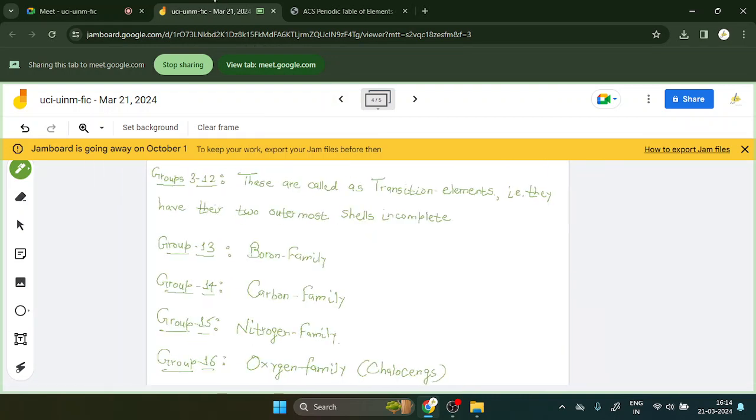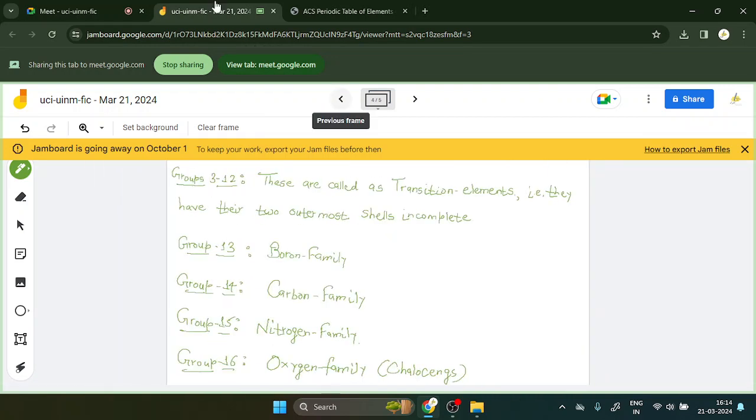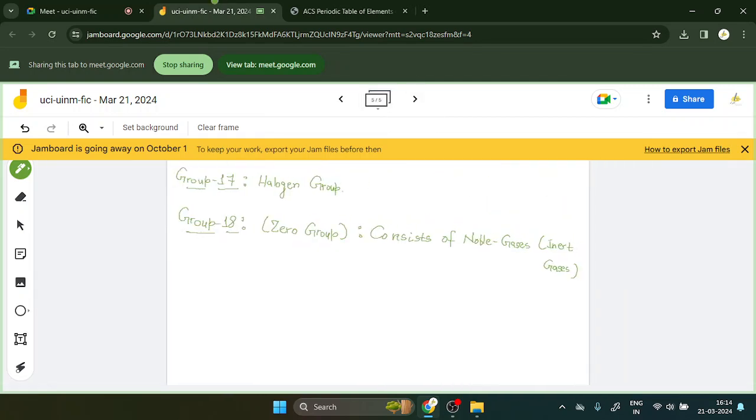Now just look here. Groups 3 to 12 were a different group. We called them transition elements, right? But groups 1, 2, and then 13, 14, 15, 16, 17, and the last one, 18, are called the groups consisting of the normal elements.